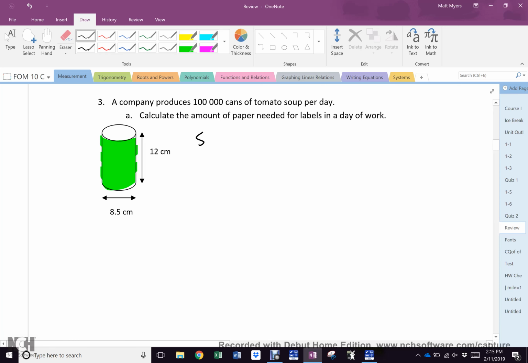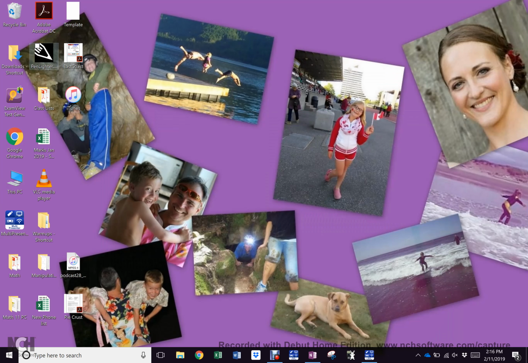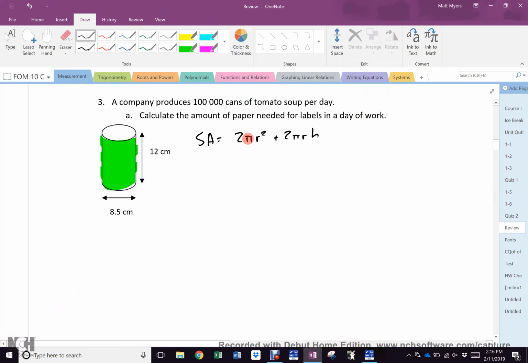So it's surface area of a cylinder, which is 2 pi r squared plus 2 pi r h. The 2 pi r squared is the circles. Is any paper going on the circles? No. So do I even bother with this? No. It is 2 pi r h for 1 can, right?